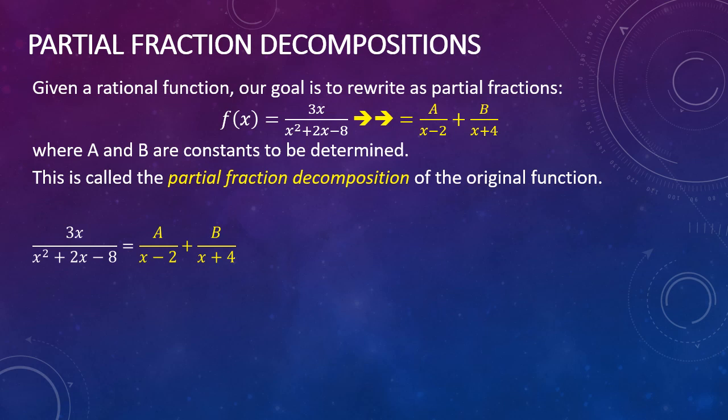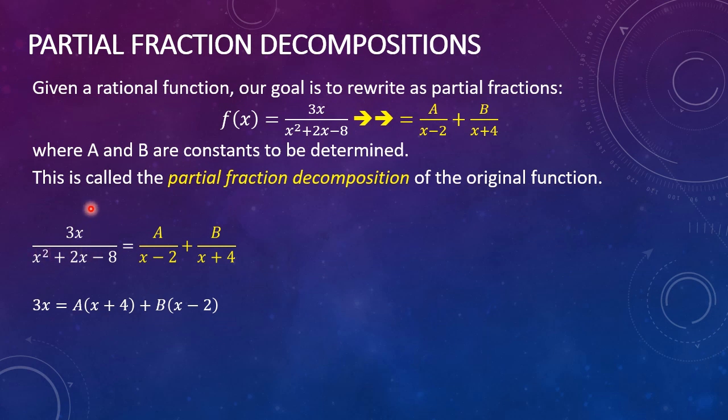We've got 3x over x squared plus 2x minus 8. When we factored the denominator, we could see that there were two factors, x minus 2 and x plus 4, which become the denominators on the right side of the equation. What we're going to do now is multiply both sides of the equation by the common denominator.